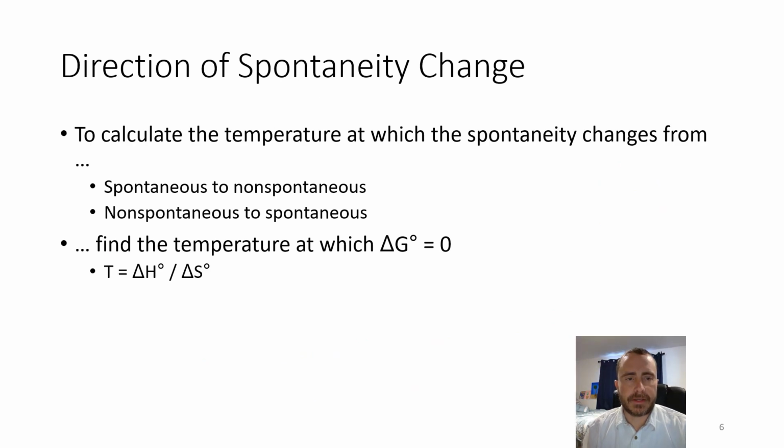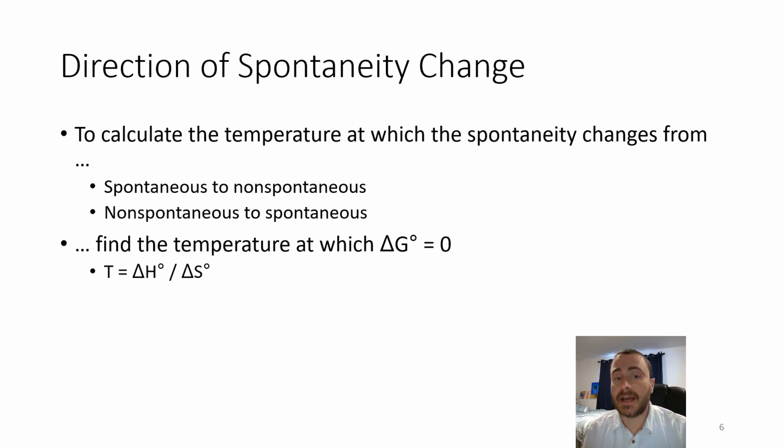So we have learned that, depending on the delta H and the delta S of a reaction, if they're both positive or they're both negative, then we can actually have reactions that will change spontaneity from being spontaneous to non-spontaneous at a specific temperature. Now, it might be as you increase the temperature, or it might be as you decrease the temperature, depending on those values.